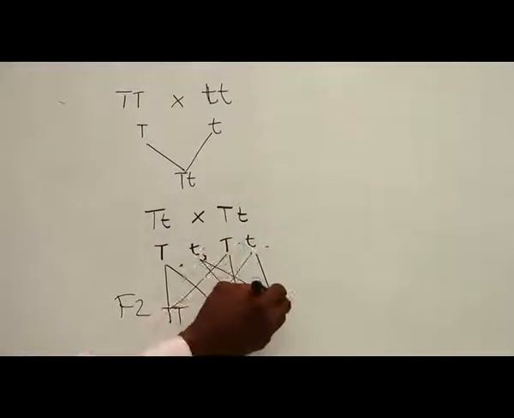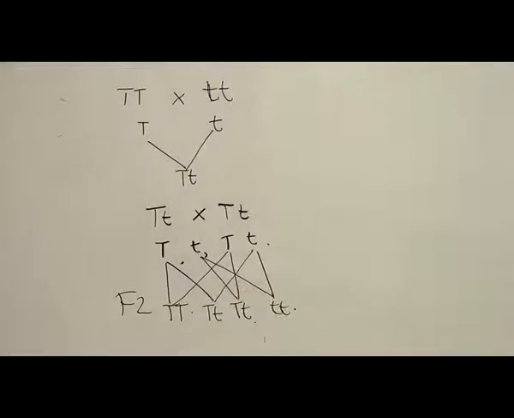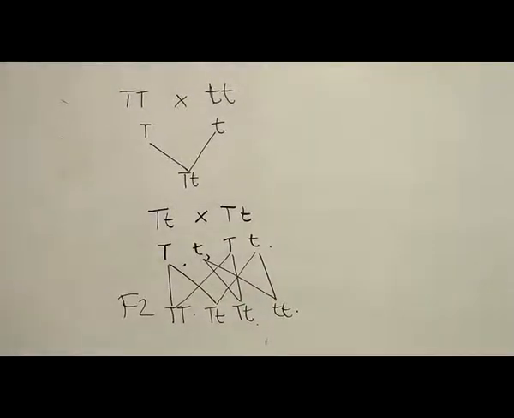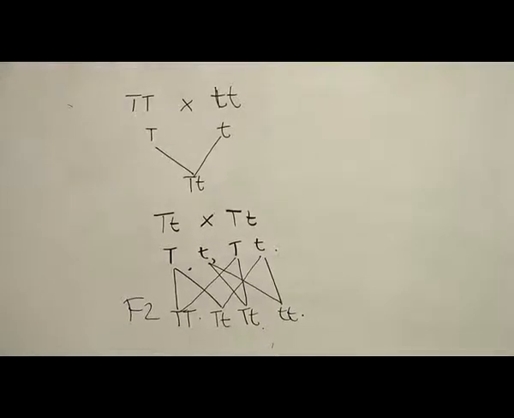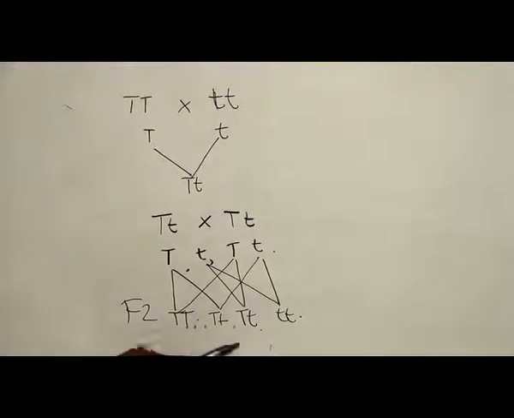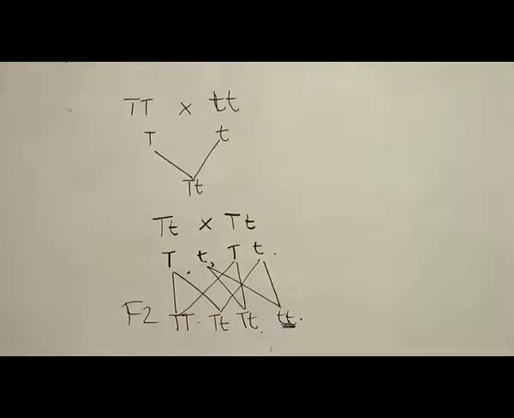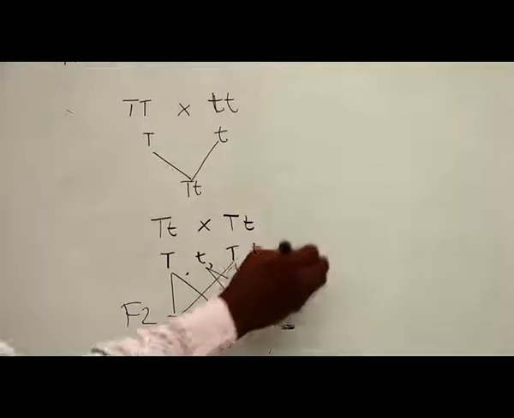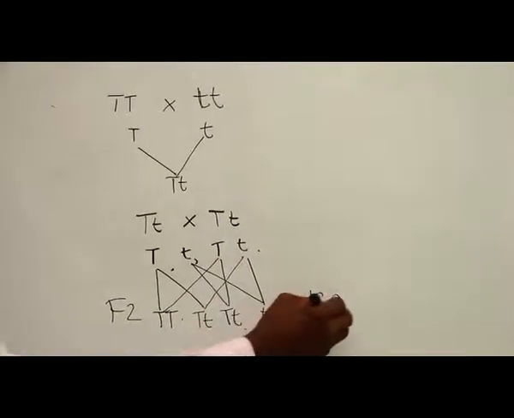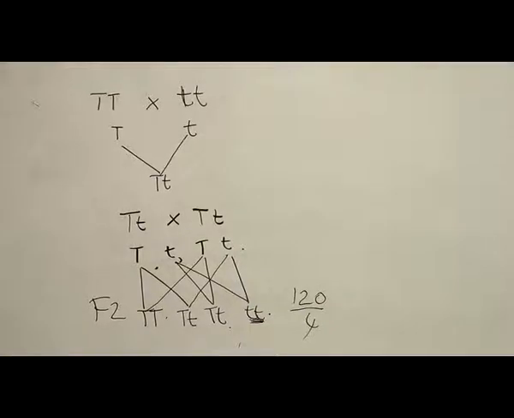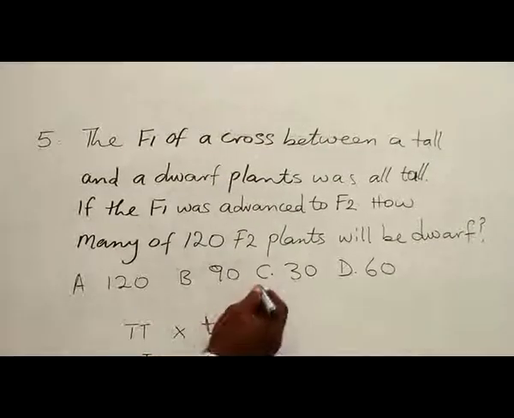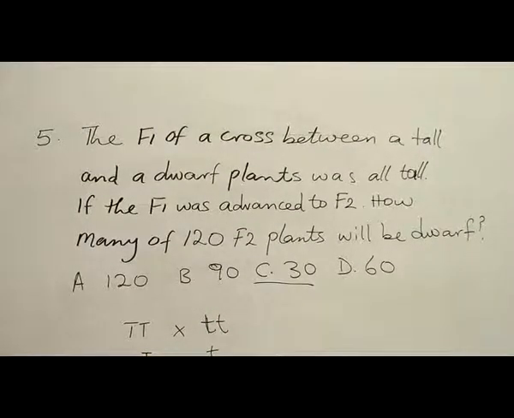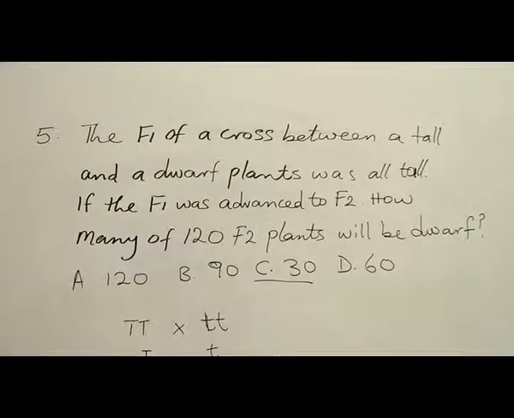This to this, we have dwarf. The question is, how many of the 120 second filial generation plants will be dwarf? If out of 4 you have 1, in 120, how many will have? Divide 120 by 4. That gives you 30. Answer is C. 30 of the 120 offspring.